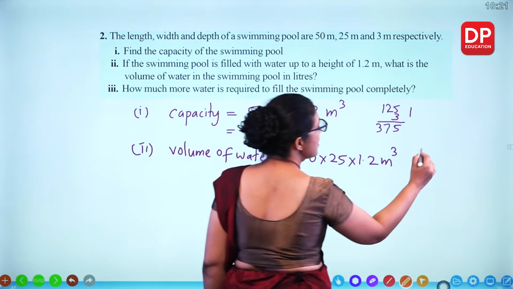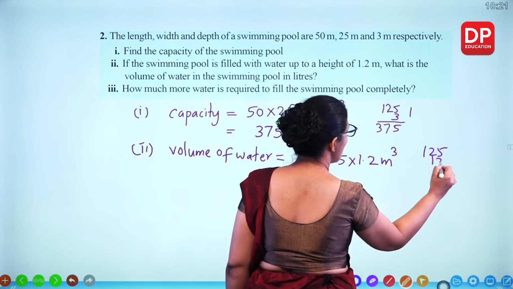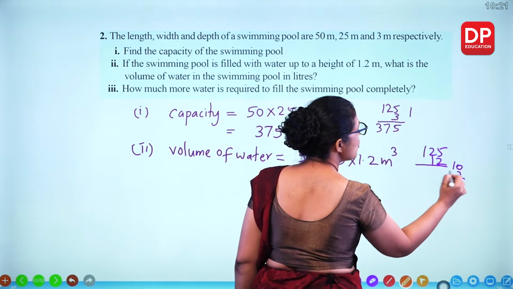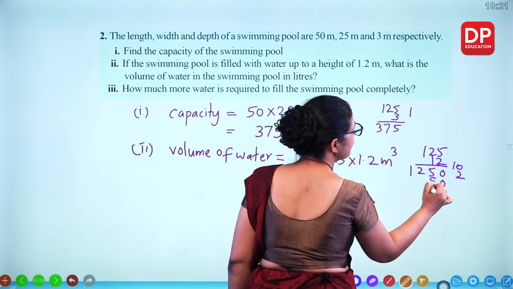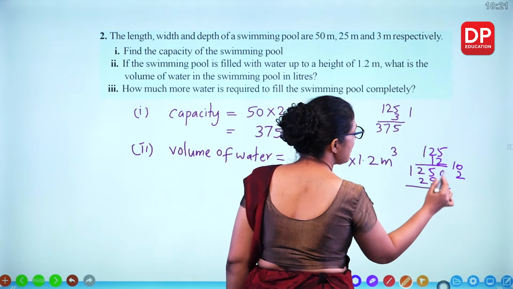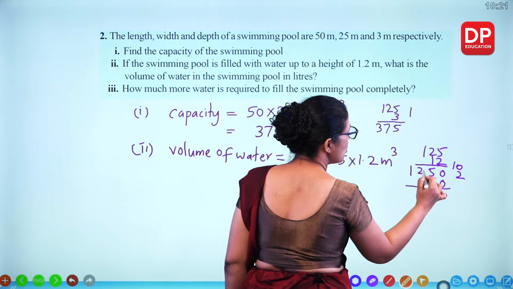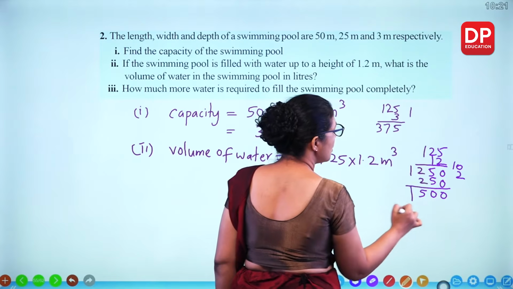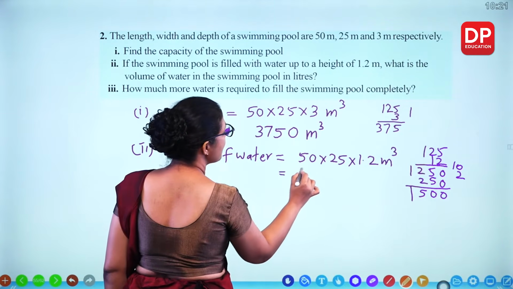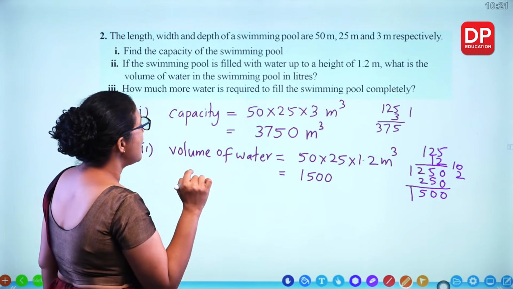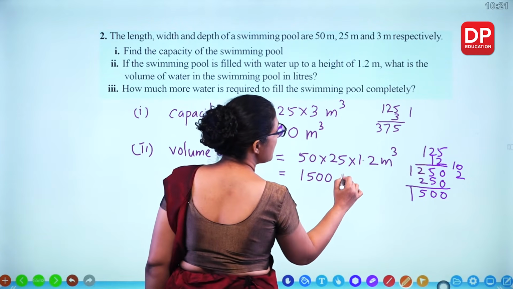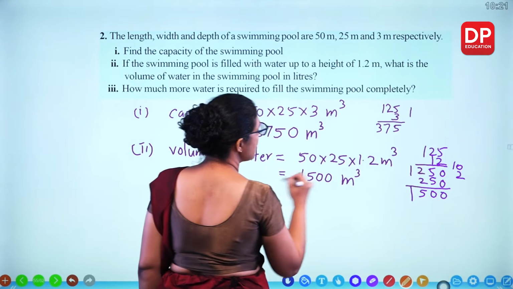So 125 into 12. 10 and 2 multiplied by 1 and then multiplied by 2, 1500. 1500, and this is cubic meters.